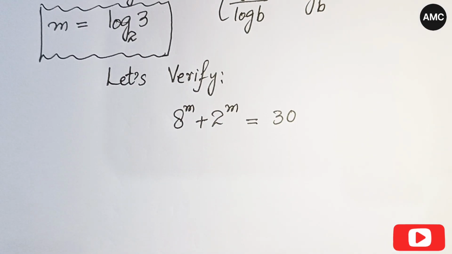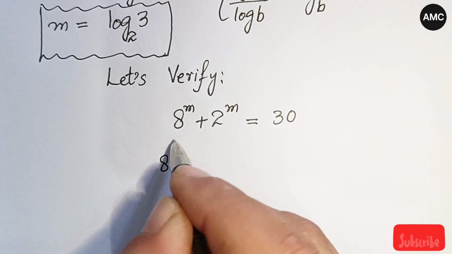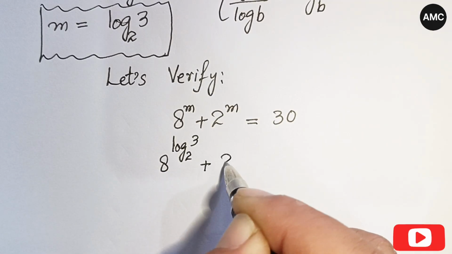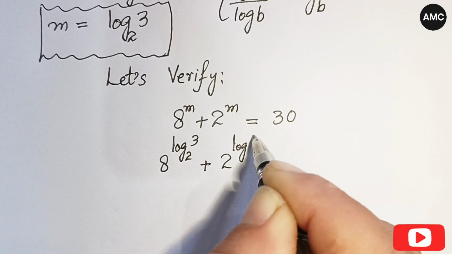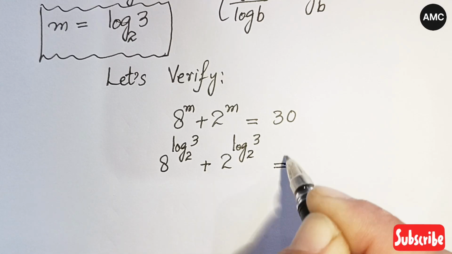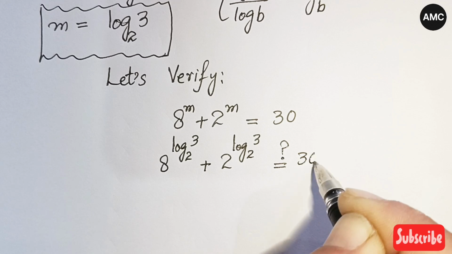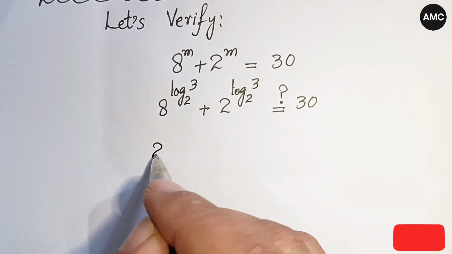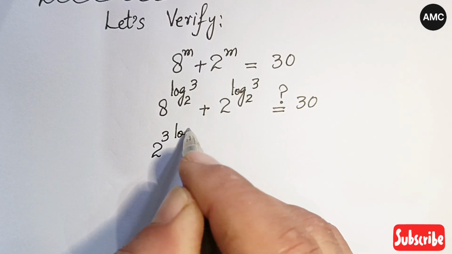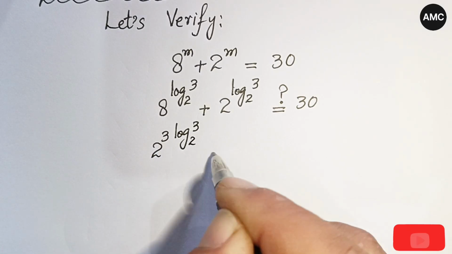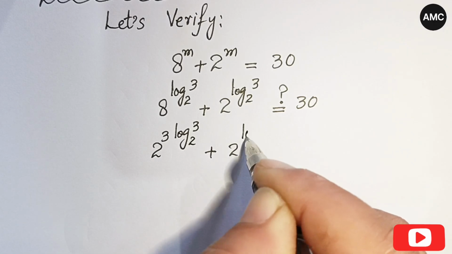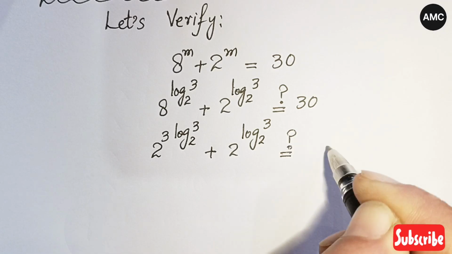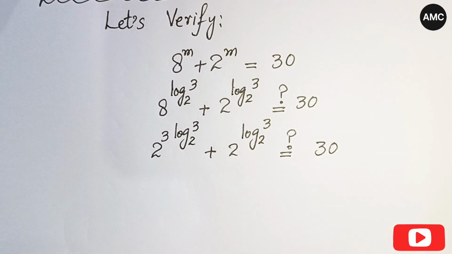Now putting the value of m, we have 8 to the power log 3 to base 2 plus 2 to the power log 3 to base 2, is it equal to 30. Now this 8 can be written as 2 cubed, to the power log 3 to base 2, plus 2 to the power log 3 to base 2, is it equal to 30.